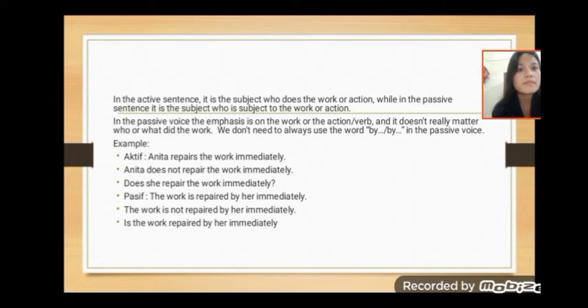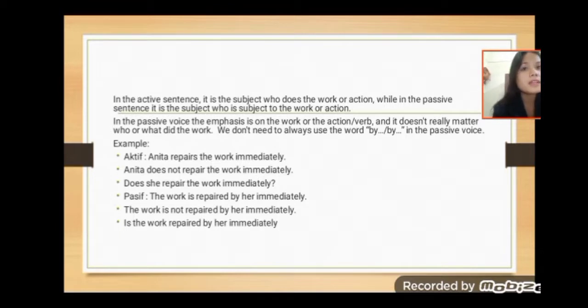In the passive voice, the focus is on the work or the action, and it doesn't really matter who or what did the work. We don't need to always use the word by in the passive voice.